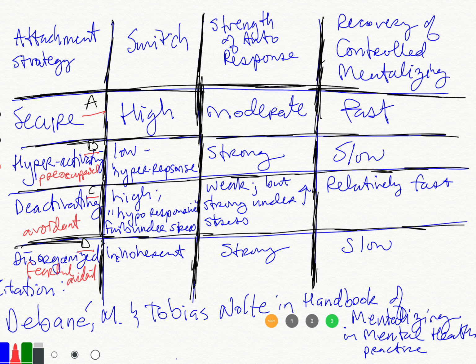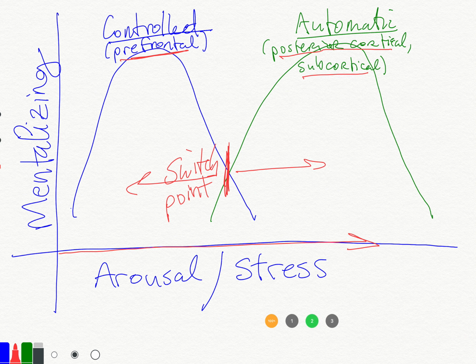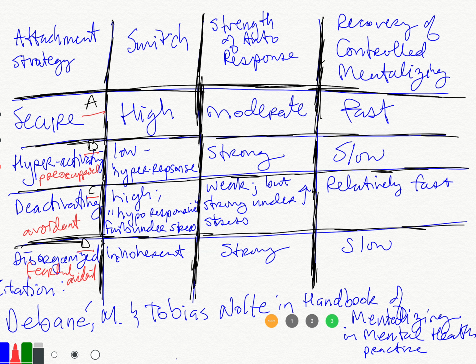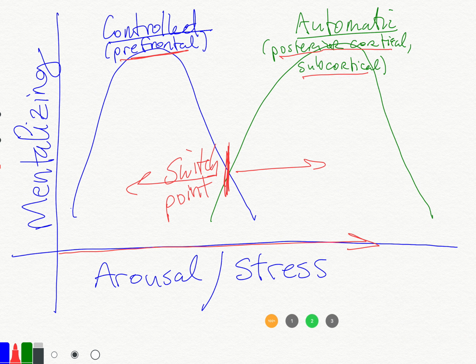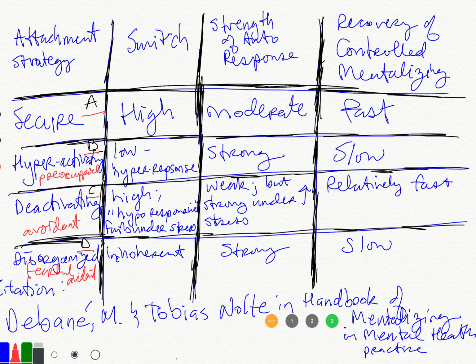The switch point for a secure individual is high, so that means it's shifted to the right, and it takes a fair amount of stress to cause it to activate. The strength of the automatic response is only moderate, meaning that an individual doesn't necessarily jump into a strong fight or flight response, so to speak, and they can recover back to controlled prefrontal mentalizing pretty fast.